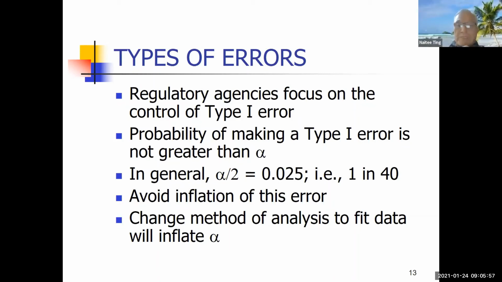And we know a change of method of analysis to fit data will inflate alpha. In other words, the story I told you when I first entered this industry: we were saying appropriate statistical methods will be used to analyze the clinical data, and there's no alpha protection at all. So you cannot look at the data and try to find a model to fit it. Don't do that. You have to 100% completely pre-specify how you're going to analyze the data.